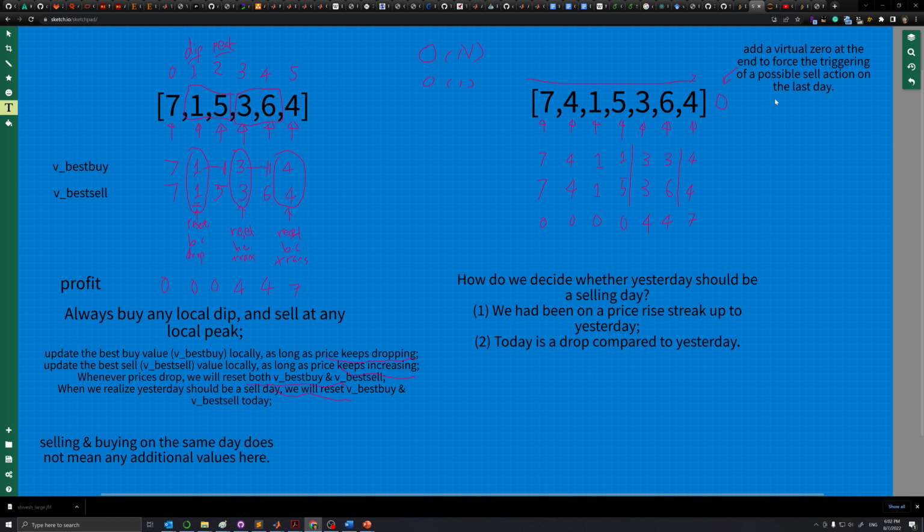We need to give it a chance to cash all the money that we invested.